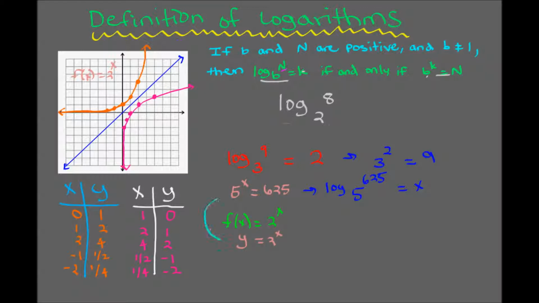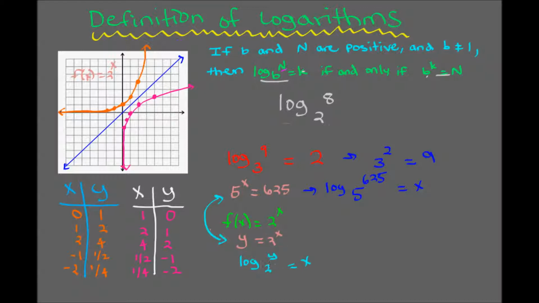Now this looks really similar to what we have here. So we're going to do what we did in this problem, converting to the log form. So log base 2 of y is equal to x. But we're not done just yet, because this is just a different form of the equation right here.